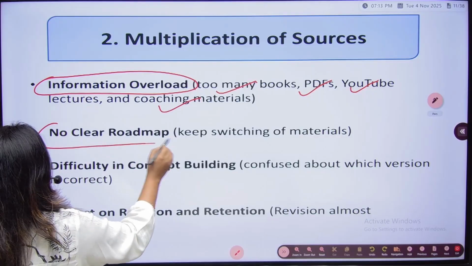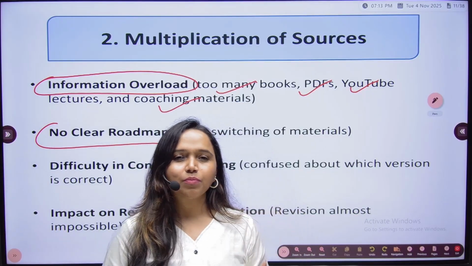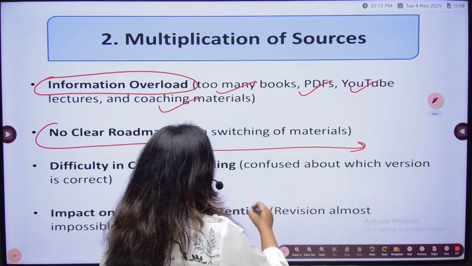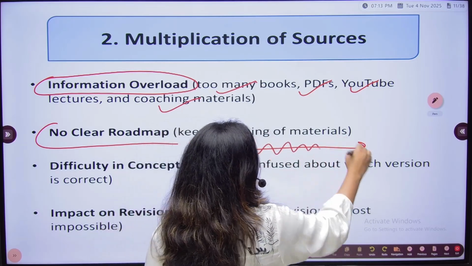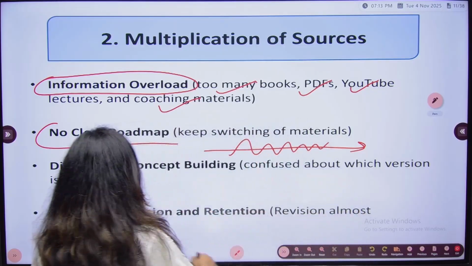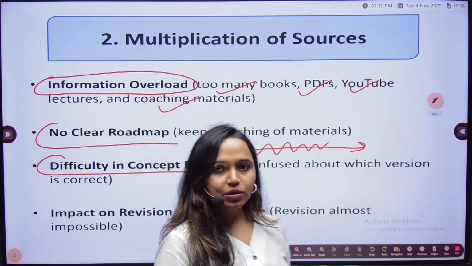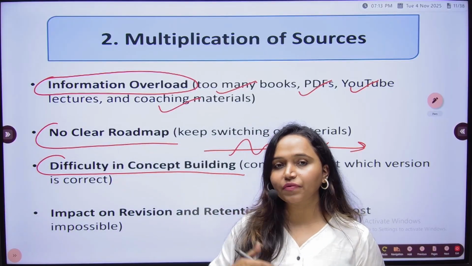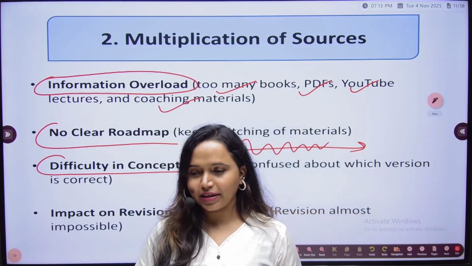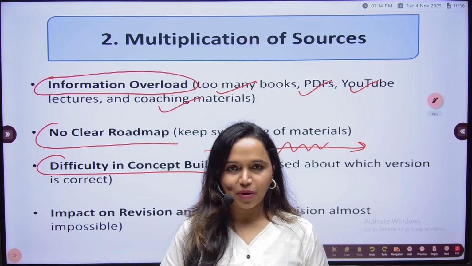No clear roadmap, because when there is multiplication of resources, you are not able to form a fixed road on which you have to travel. You keep on changing your path, and this leads to diversion and distraction. Difficulty in concept building: you study one concept from one book and then the same concept from another book. It never builds consistency, it never leads to confidence, and it never leads you to understand that particular topic.